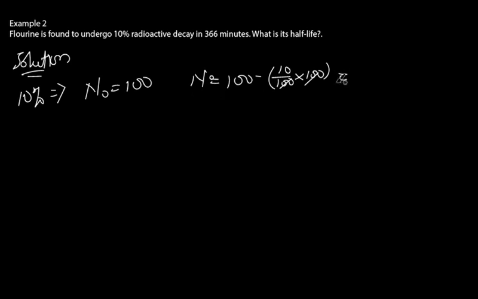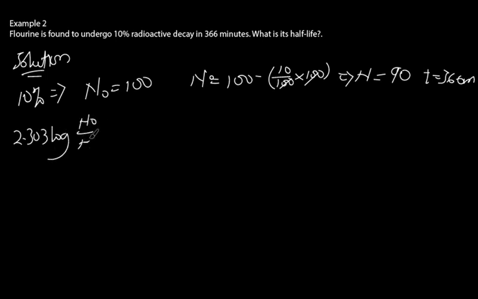So we will have our N, the amount left at the moment, to be 90. The time is 366 minutes. With this, we have 2.303 log N naught over N is equal to KT.